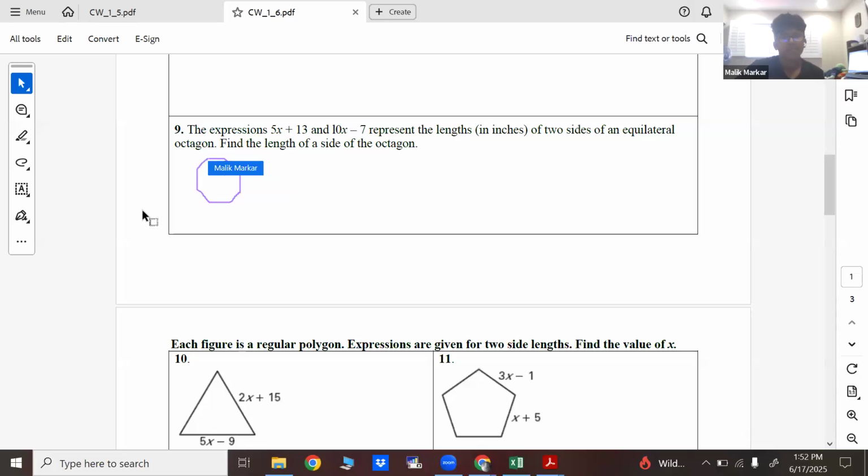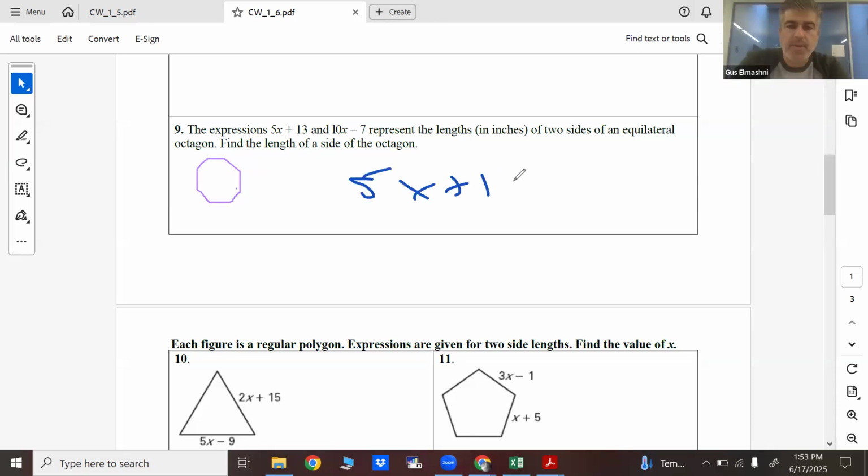One, two, three, four, five, 6, 7. Okay. So then, equilateral is what? All the same. So just those two numbers equal each other. That's all you have to do. Solve for x.